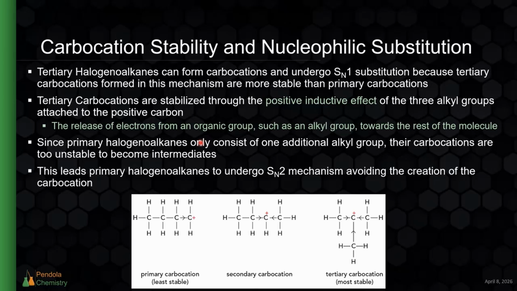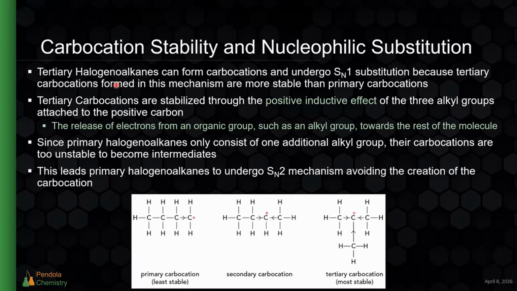Carbocation stability and nucleophilic substitution are connected. We spoke about this earlier in the chapters. I think it was chapter 14 maybe that we spoke about this, or maybe chapter 15. But tertiary carbocations, which are formed by tertiary halogenoalkanes, are more stable than primary carbocations.